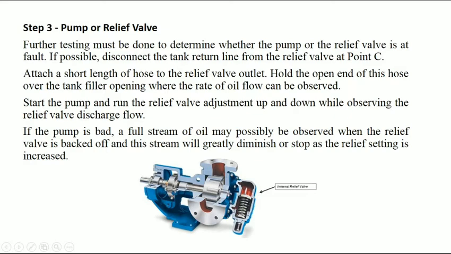Hold the open end of the hose over the tank filler opening where the rate of oil flow can be observed. Start the pump and run the relief valve adjustment up and down while observing the relief valve discharging flow. If the pump is bad, the full stream of oil may possibly be observed when the relief valve is backed off, and this stream will greatly diminish or stop when the relief setting is released.